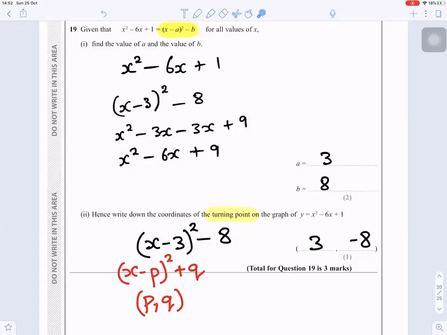How do we get the coordinates of the turning point from that? The 3 is the x value and the 8 is the y value. So it's 3, minus 8. The 3 is the x value and the minus 8 is the y value. So the coordinates of the turning point are (3, minus 8).